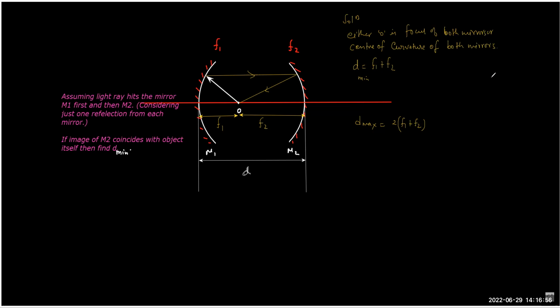So you can solve in these two ways. If they ask for the minimum, then we can say d equals f. The ray diagram is self-evident. If it is the center of curvature, what will happen? The ray will just retrace the path and will hit the other mirror, and again you can see only one image.